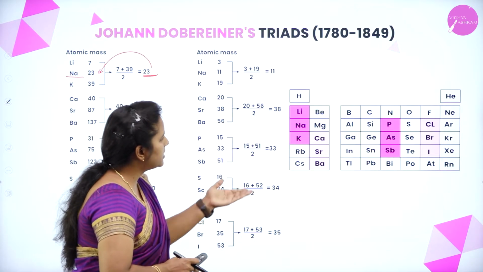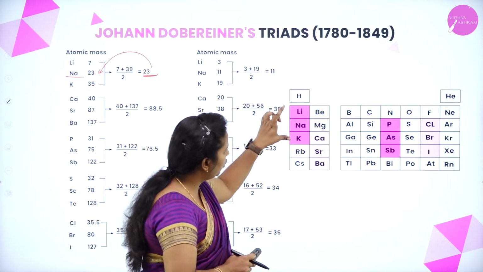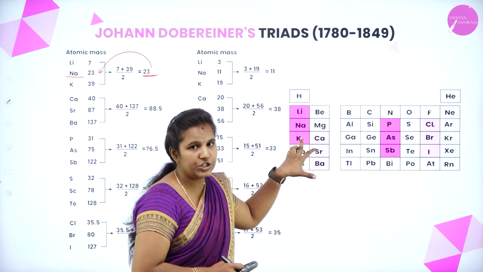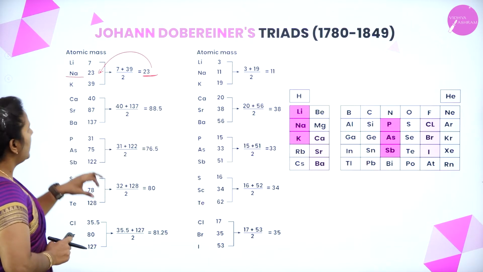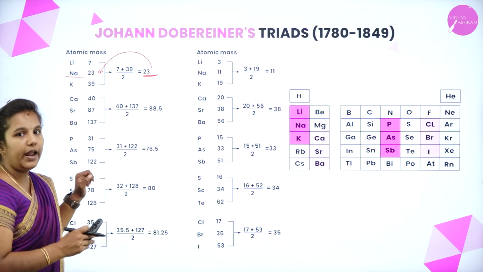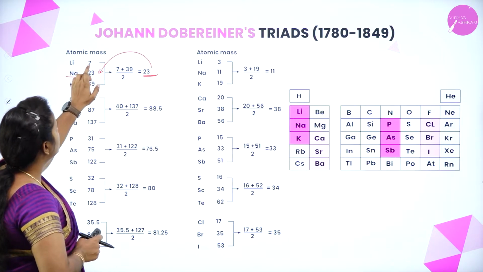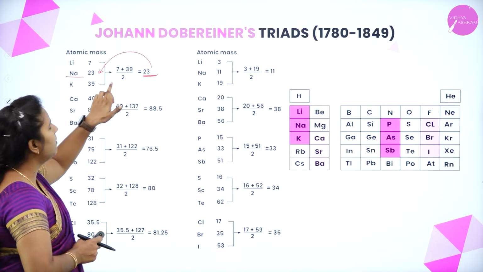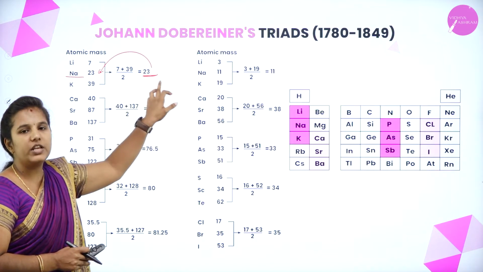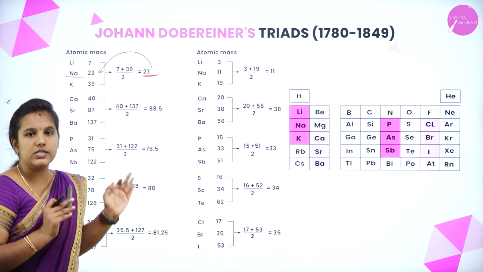You can clearly understand from this table: he grouped lithium, sodium and potassium. The atomic mass of sodium can be obtained by adding the atomic masses of lithium and potassium and dividing by 2.